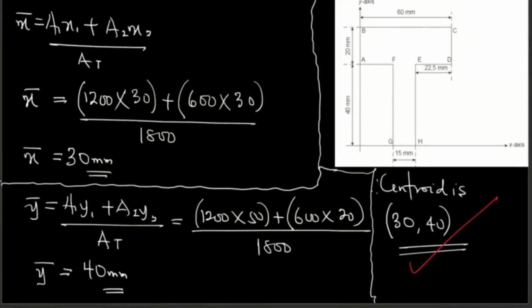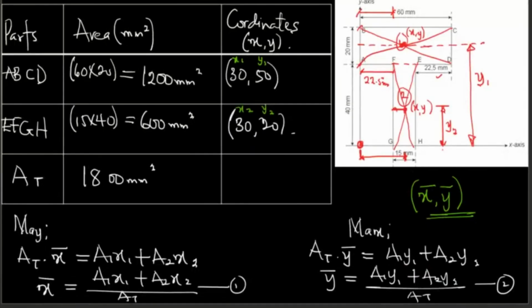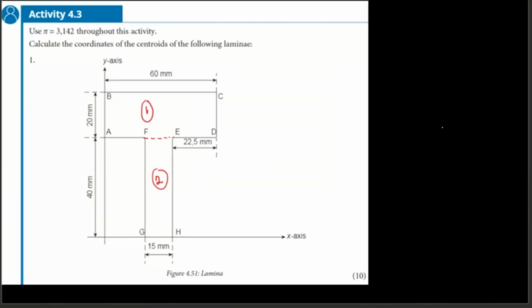Let's look at a more difficult one. You can start doing your calculations by drawing a table, or you can just calculate without using a table. It depends on you. The one I'm going to do now, I'm not going to use a table. I'm just going to calculate the centroid, because that's what the question says, the coordinate of the centroid of this lamina.